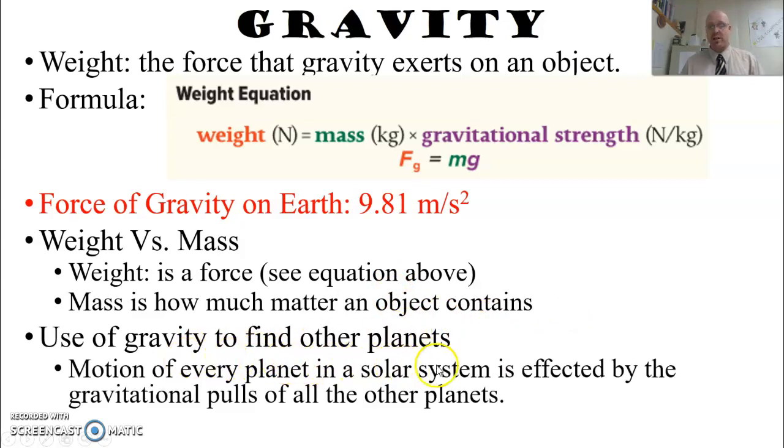The motion of every planet in the solar system is affected by the gravitational pulls of other planets. And we can actually watch and see those micro changes in the light spectroscopy of different celestial bodies that we're looking at, and we can tell that there are different bodies attracting, and then we can use the force of gravity formula to figure out how massive those objects are. It's pretty cool. All right.